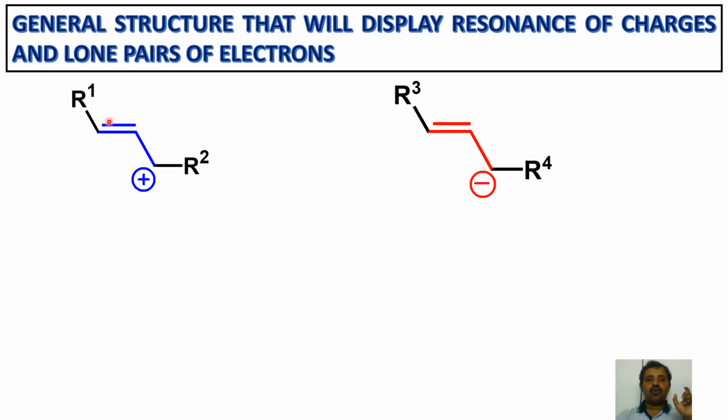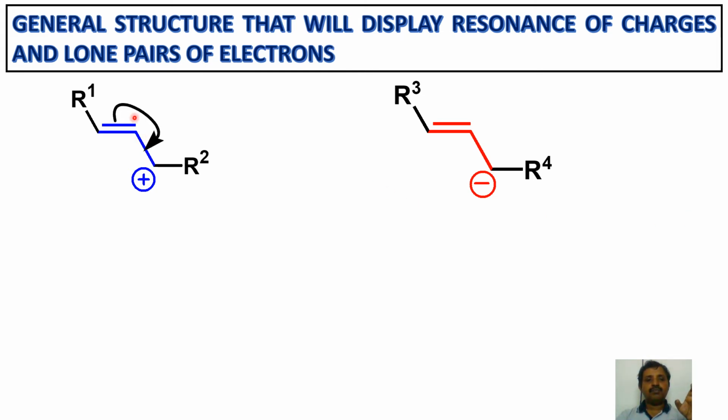Double bond means electrons are moving towards the positive charge, whereas here the negative charge, the lone pair of electrons, is forming a double bond, and this pi bond is forming a lone pair. Always you have to mention the movement of electronic pairs. The arrow represents the movement of electrons, of a pi bond or lone pair.